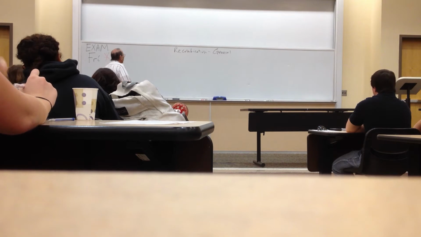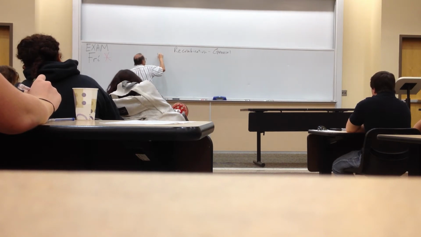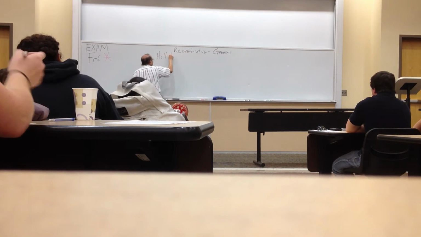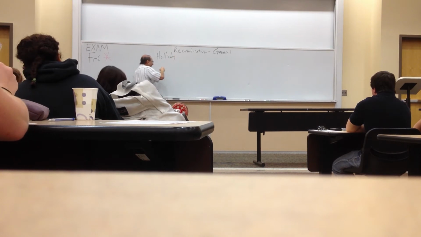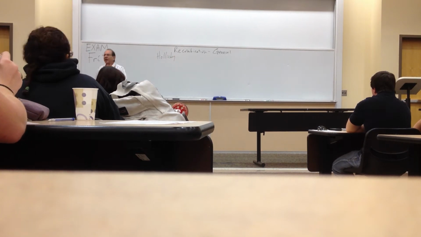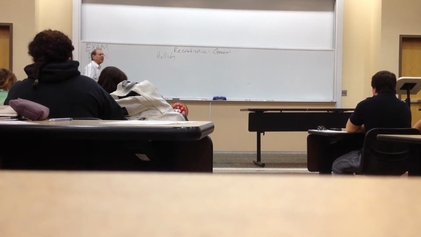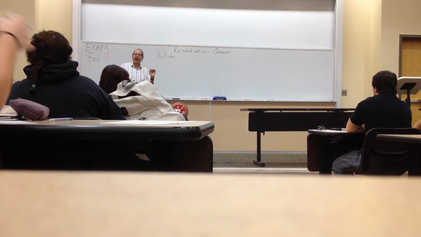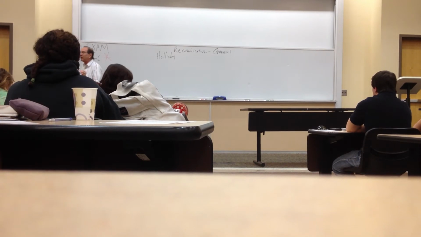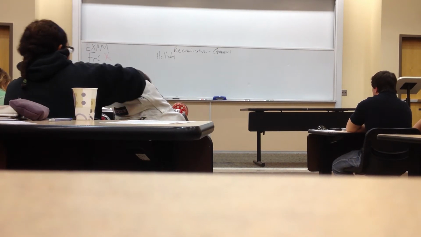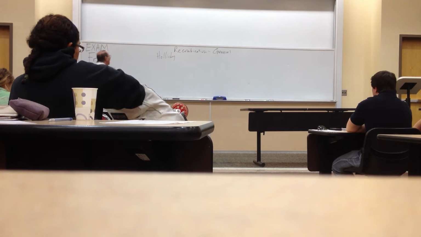The model that we're going to look at is the Holliday model. All basic models of recombination follow the Holliday model. He was the first one to make a model for how recombination occurs a long time ago, and it's still good, but it's been modified.